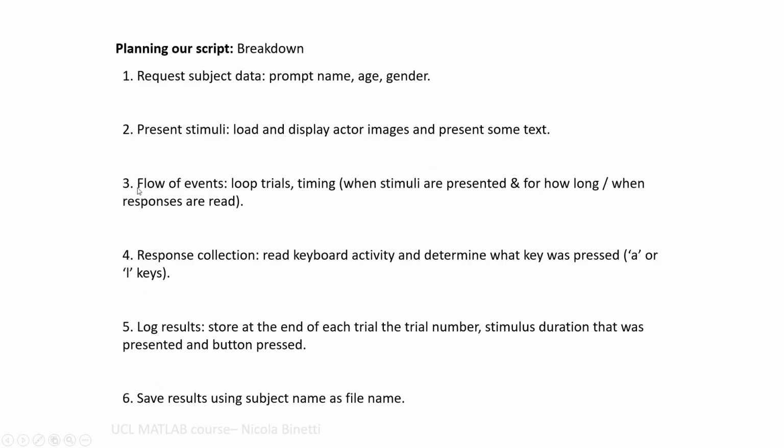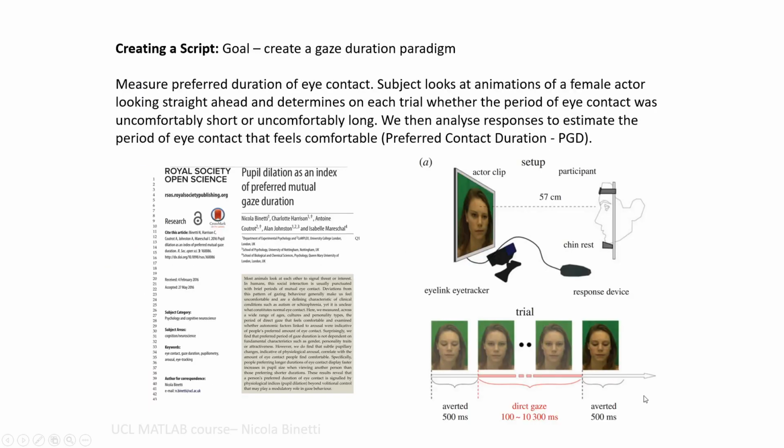We need to consider how events are going to flow in our experiment. So that's another component, another element of our experiment. So remember that we have a trial in which stimuli appear, but they don't just appear all of a sudden. They appear on a certain schedule. First there's this type of stimulus looking downwards for a fixed amount of time. So that's going to be 500 milliseconds from the start of your trial.